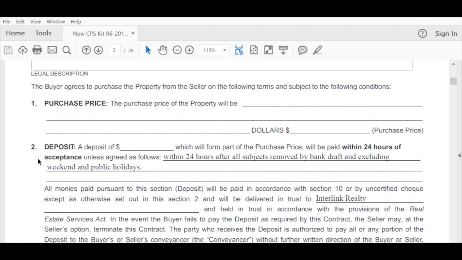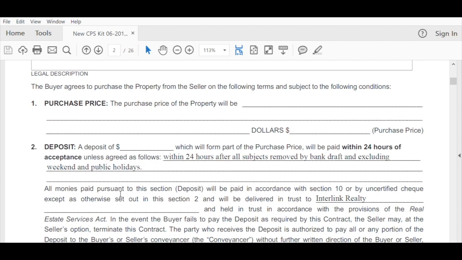If the buyer decides to compete with other offers and wants to make an all cash offer, you can cross it out and initial, and leave the first line as a deposit of whatever amount which will form part of the purchase price, paid within 24 hours of acceptance. Okay?